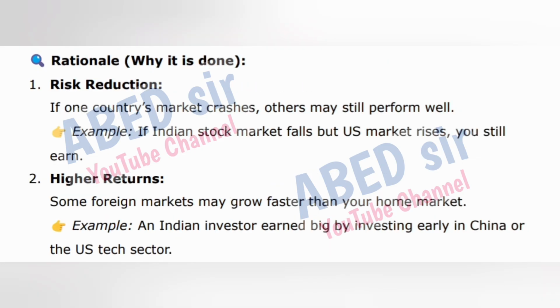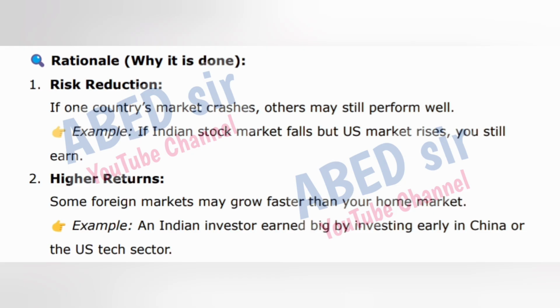Rationale: why it is done. 1. Risk reduction. If one country's market crashes, others may still perform well. Example: if Indian stock market falls but US market rises, you still earn. 2. Higher returns. Some foreign markets may grow faster than your home market.